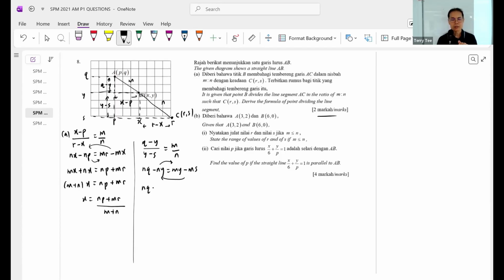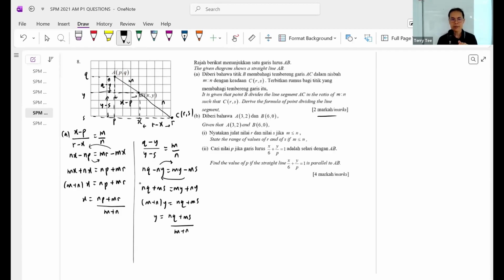Your nq plus ms equals my plus ny. Factorize your y, and divide by m plus n. So your y will be nq plus ms over m plus n.